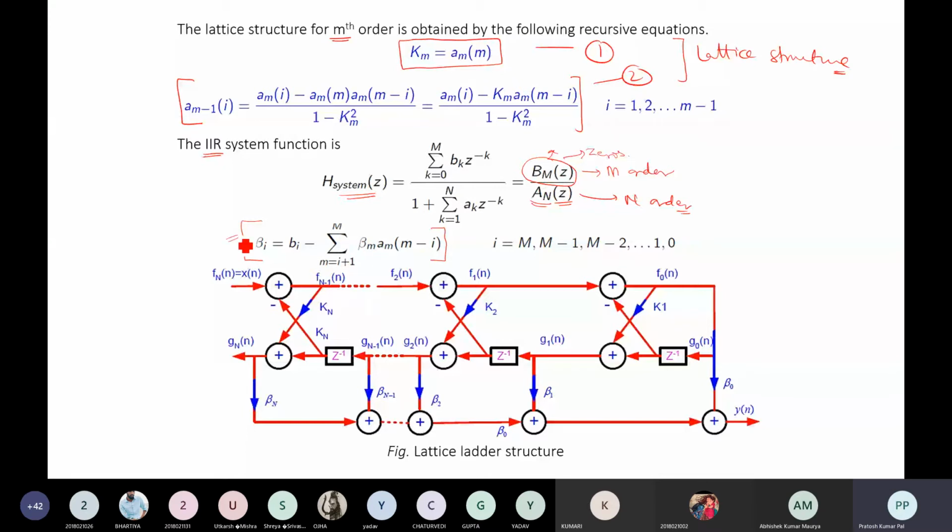So this is the important formula in case any IIR filter is given that has poles and zeros at the same time. Okay, so this is the formula for finding out the numerator coefficients.